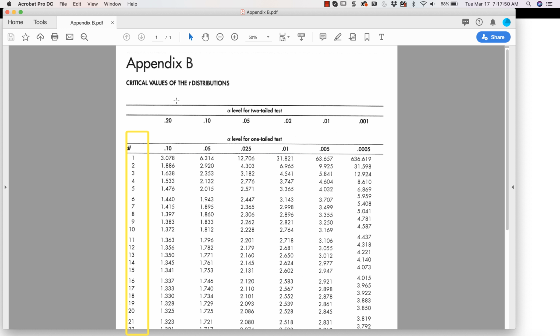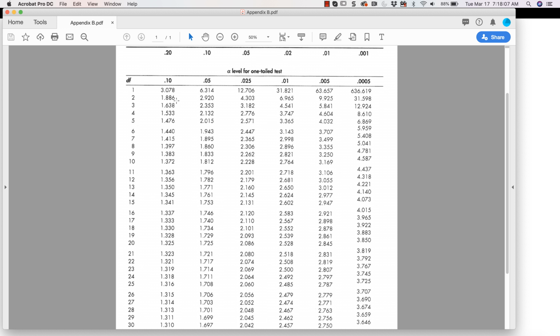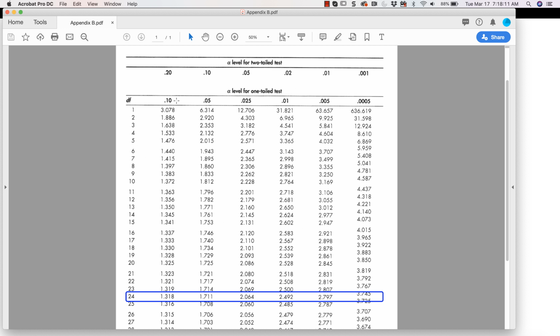Okay, so let's say we were interested in finding if teachers' incomes significantly differ from that of the average Tennessee resident. We had a sample of 25. So our degrees of freedom is n minus 1, so 25 minus 1. Okay. And it's a two-tailed test because we're interested in seeing if they differ, not if they're greater or less than.